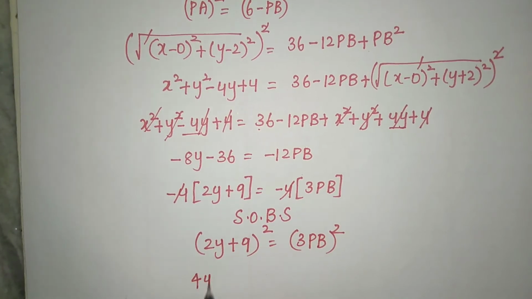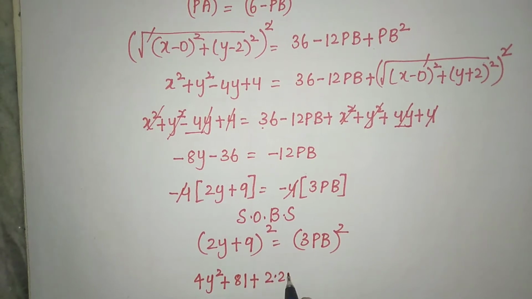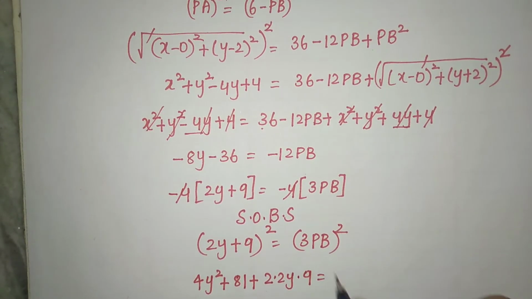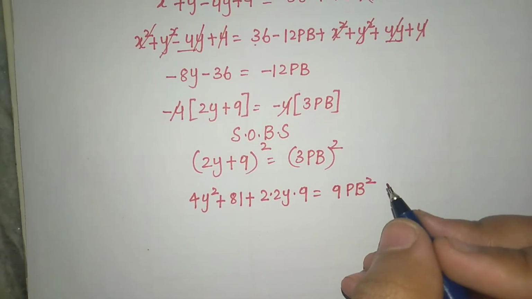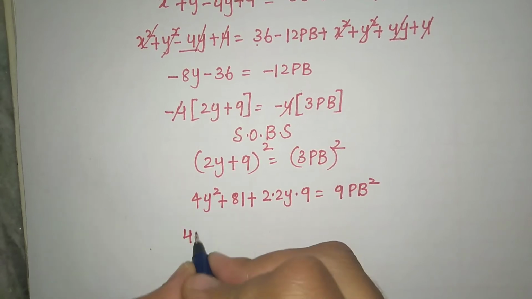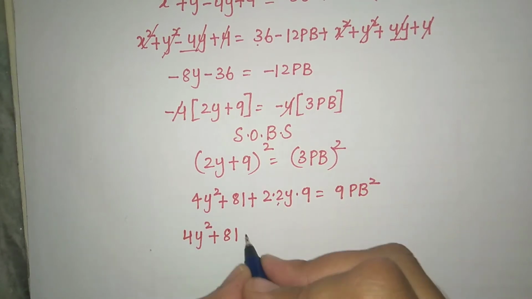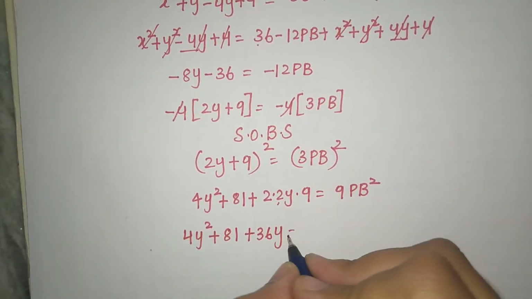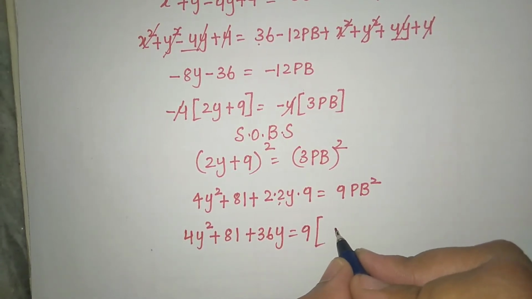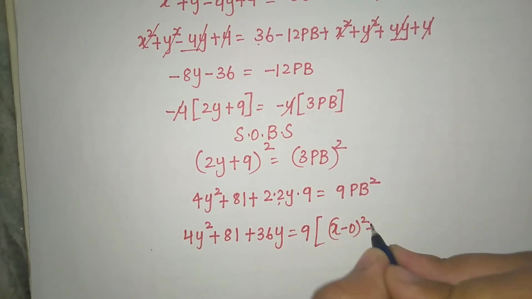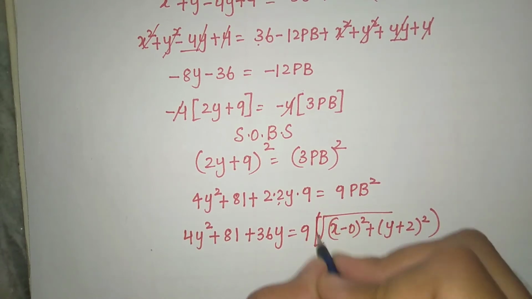So here 4y square plus 81, 9 9s are 81, plus 2 into 2y into 9 is equal to 9 PB square. Next, 4y square plus 81, 9 2s are 18, 18 2s are 36, 36y is equal to 9 into the distance of PB, that is (x minus 0) whole square plus (y plus 2) whole square, under root and square.